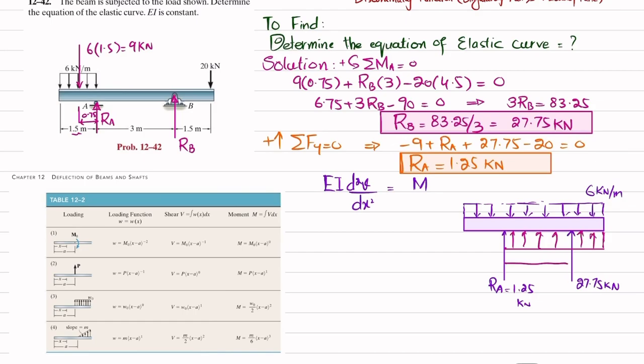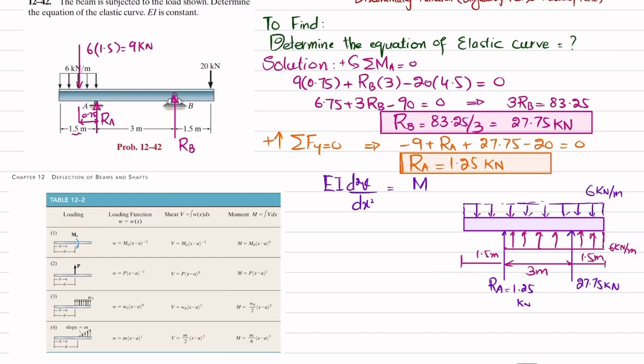So this length is 3 meter. This is 1.5 meter, and this is again 1.5 meter, and this will be also 6 kilonewton per meter.